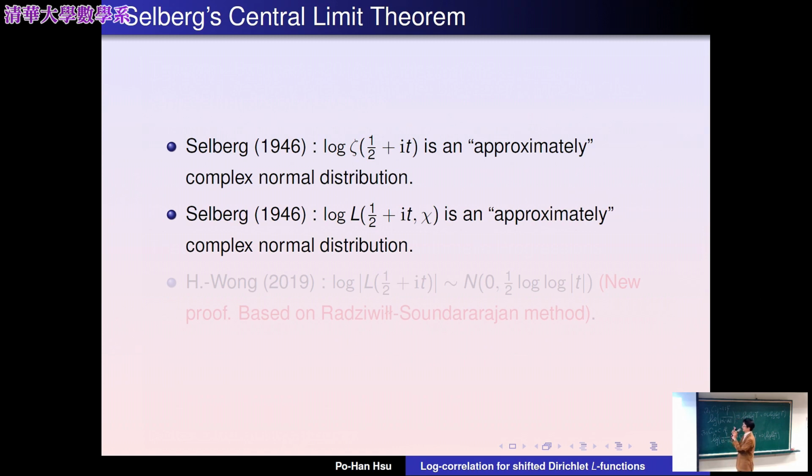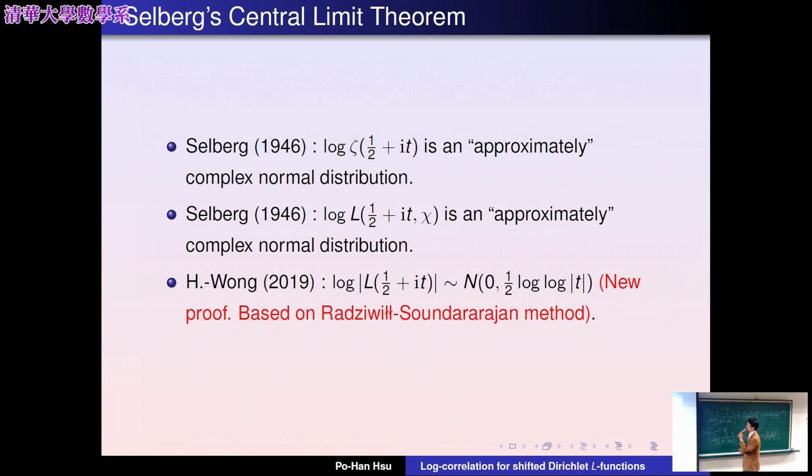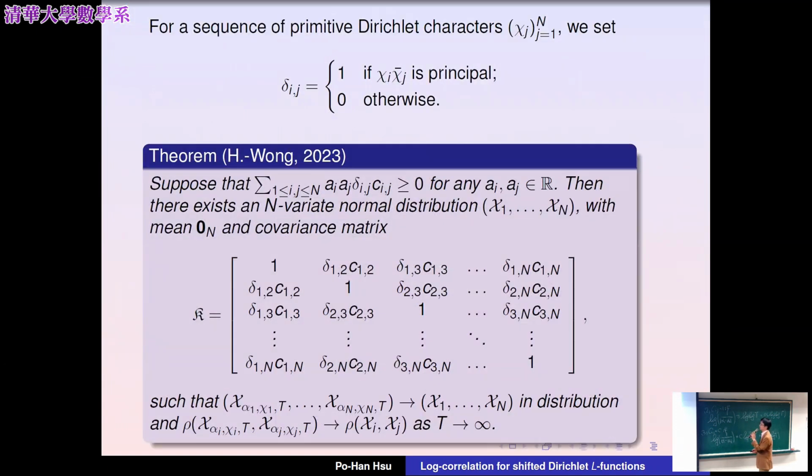If it satisfies certain nice properties, then you always have this central limit theorem. And in 2019, we used Roosevelt and Sundararajan's method to prove the real part of the Dirichlet L function is approximately normal. Okay.